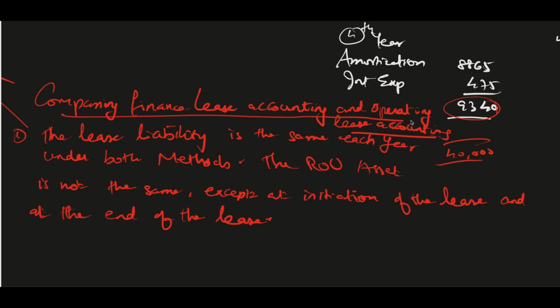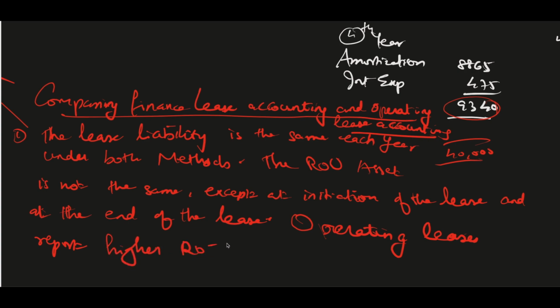So that's the heading. And then, operating leases report higher right of use assets.